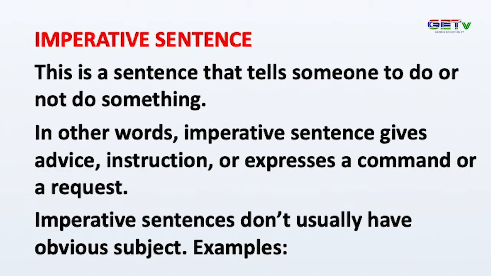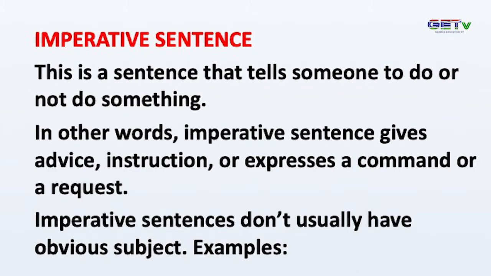The other type of sentence we're going to look at is the imperative sentence. This is a sentence that tells someone to do or not to do something. In other words, an imperative sentence gives advice, instruction, or expresses a command or a request.